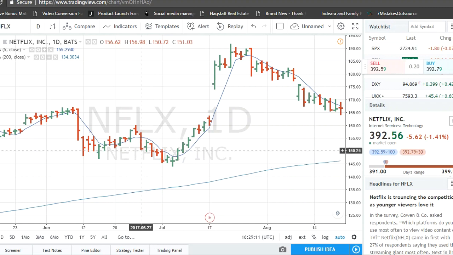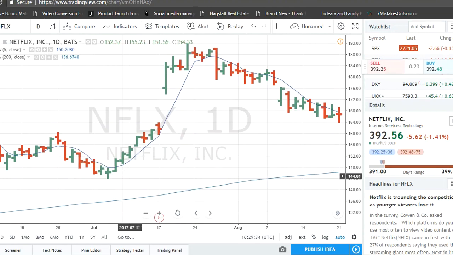So 1 down day, 2 down days, 3 down days, 4 out of 5. Buy here. It goes pretty much sideways there, and then we close above the 5-day moving average. It's $4 on the stock, a little profit within 3 days.